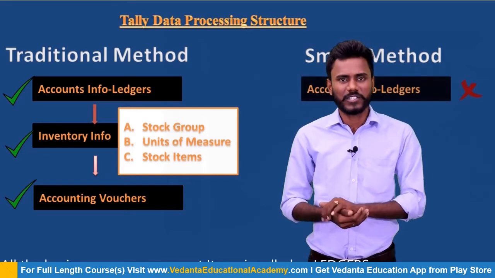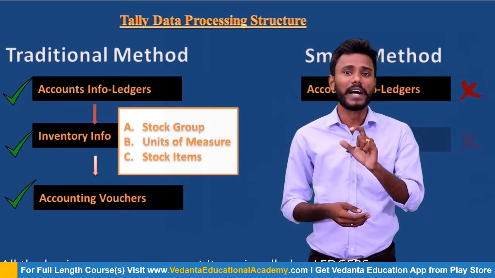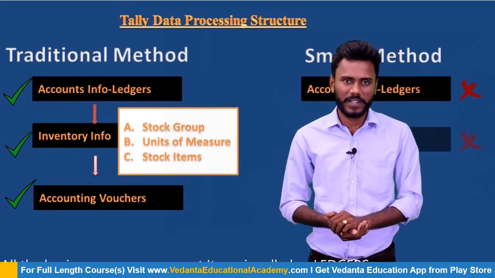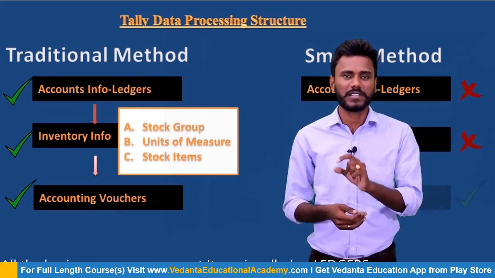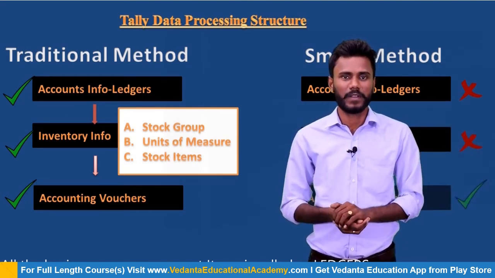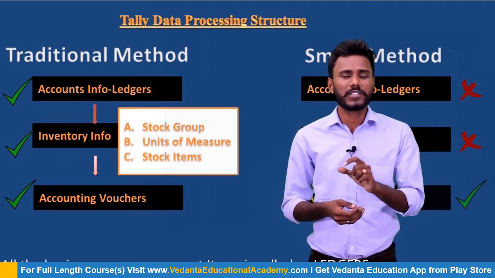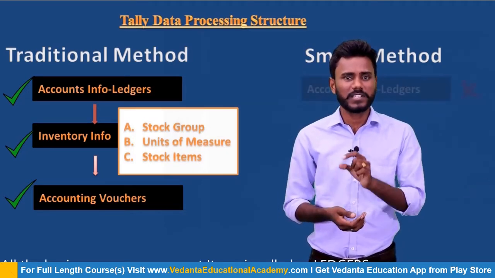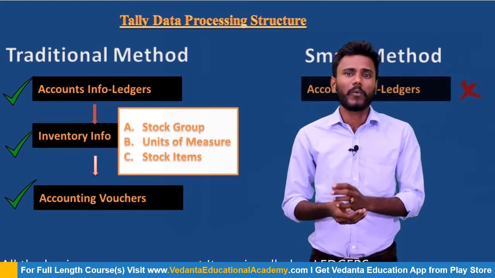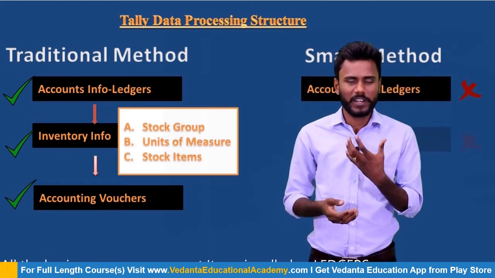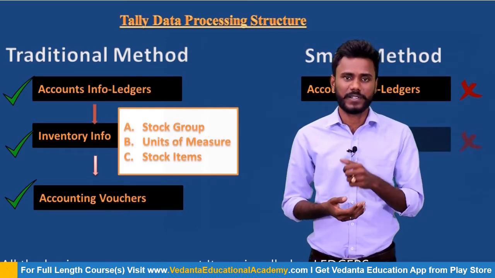All the business resources except items. Once again I repeat, all the business resources except items are called ledgers. So except item names, whatever name that you are observing in a business is called a ledger, right?